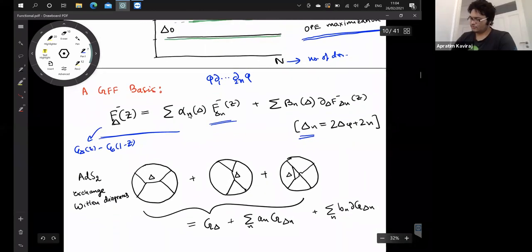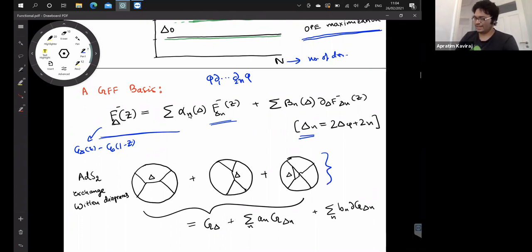All right. So why should this basis exist? The existence of this can be easily seen by considering a combination of exchange Witten diagrams like the following, exchange AdS2 Witten diagrams.